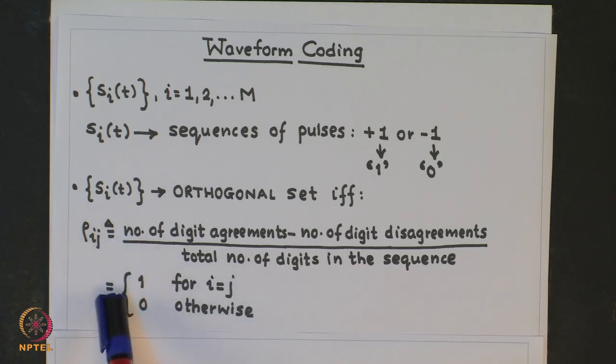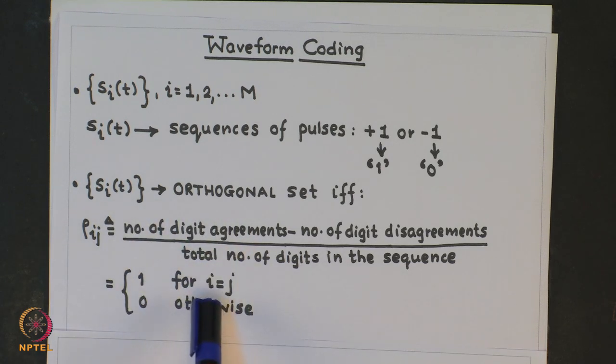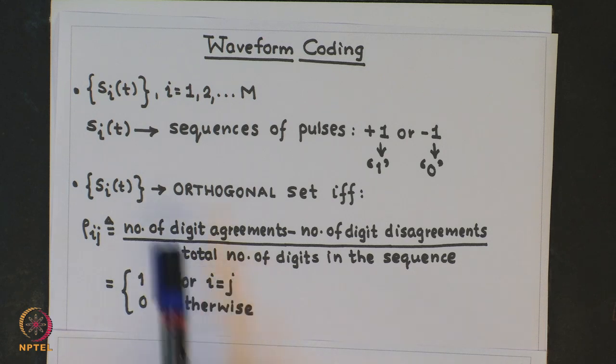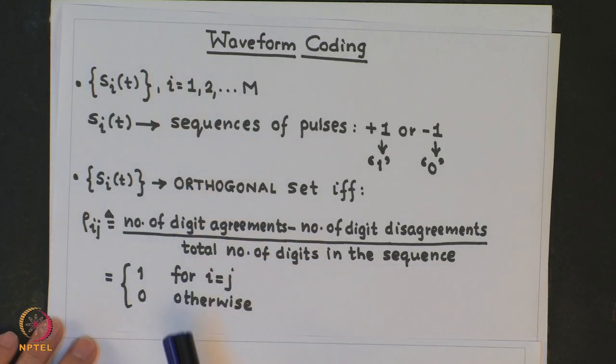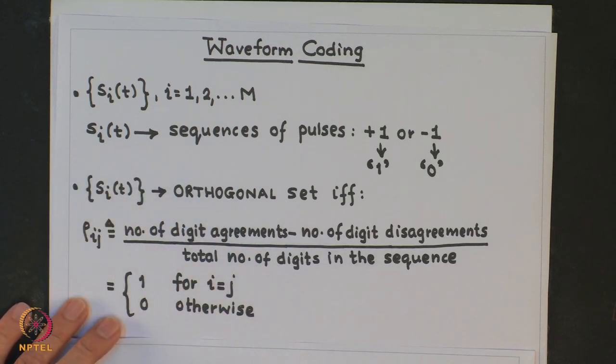is equal to 1 for i equal to j, and it is 0 otherwise. If this condition is satisfied for all i and j in this signal set, then this is known as an orthogonal set.